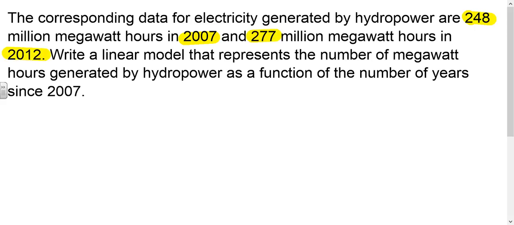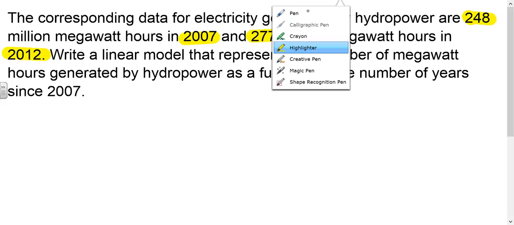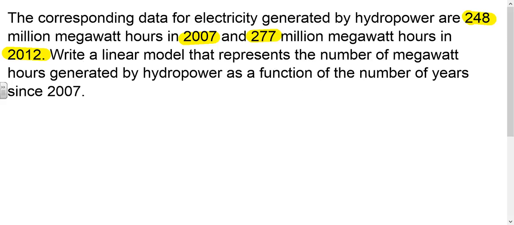And then it tells us to do some stuff. So let's see what it says to do. We're going to deconstruct this just a little bit. It says write a linear model that represents the number of megawatt hours generated by hydropower as a function of the number of years since 2007. So number of years since 2007.